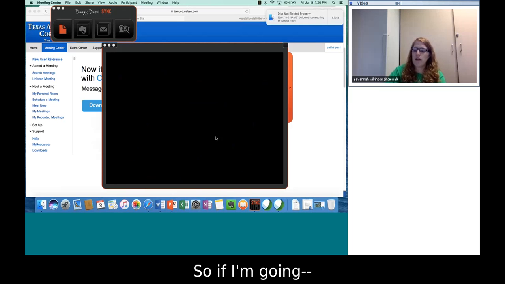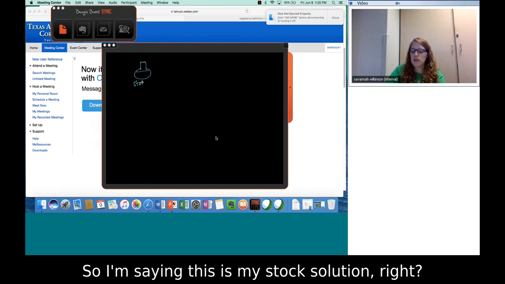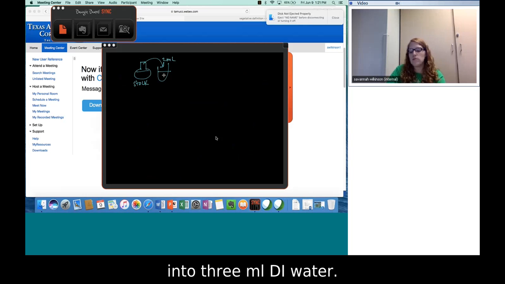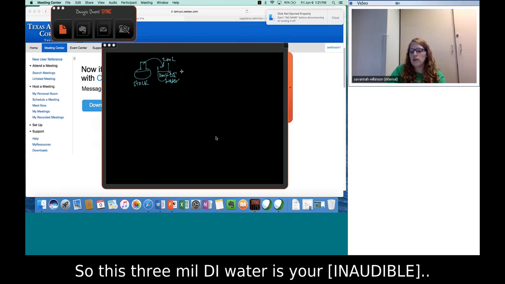So I'm saying this is my stock solution, right? And I want to take 2 mils here and add it into 3 mils DI water. So this 3 ml DI water is your diluent.